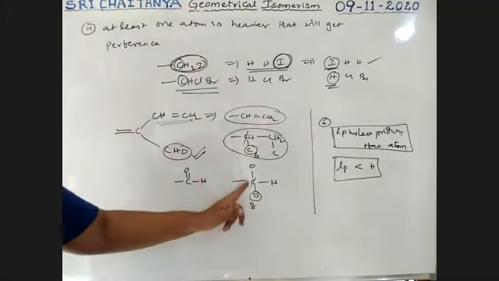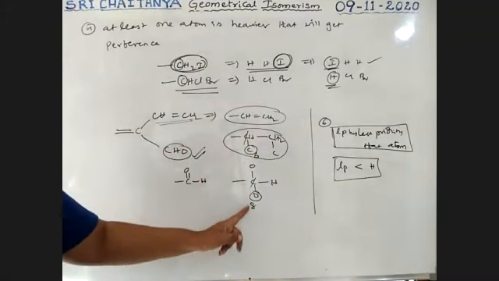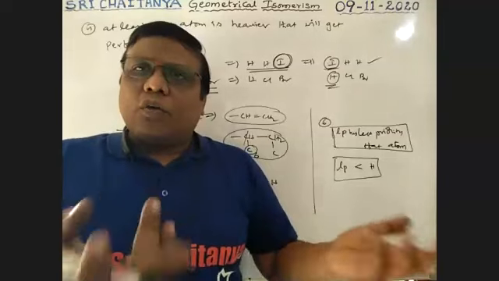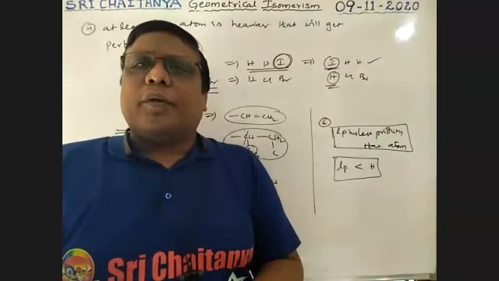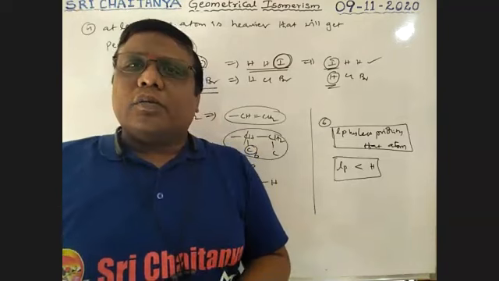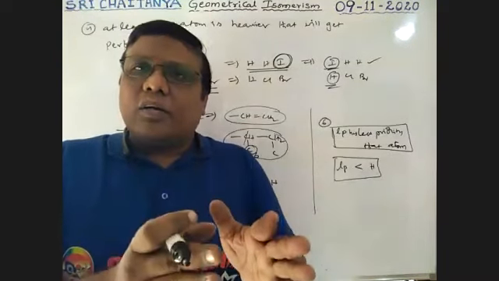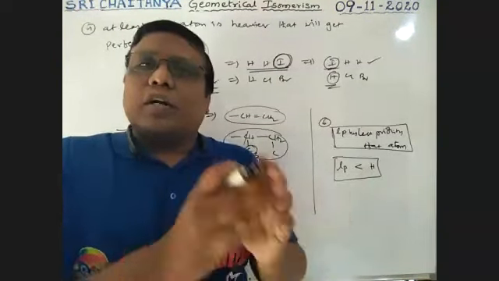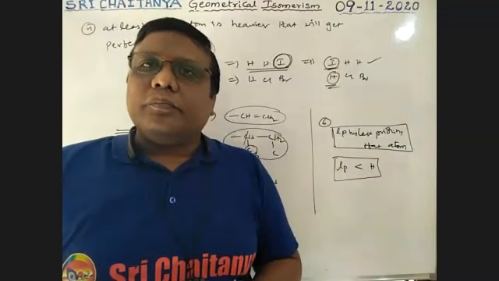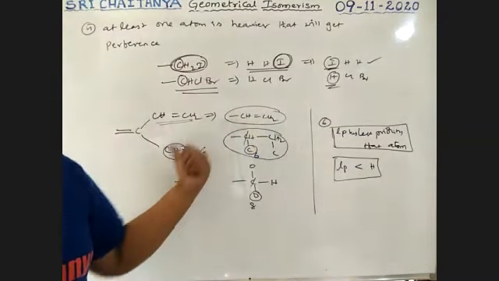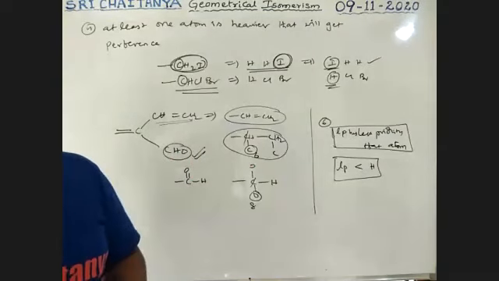Next apply our rules. The first atom is same. Go for next. So which one has more atomic number? That has more priority. So a single rule does not always clearly explain priority. So I am writing like this.